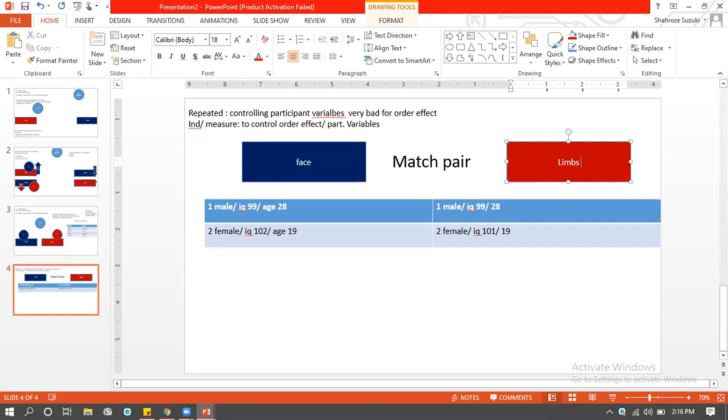Now, acid attack victims are not common people, a very specific population.